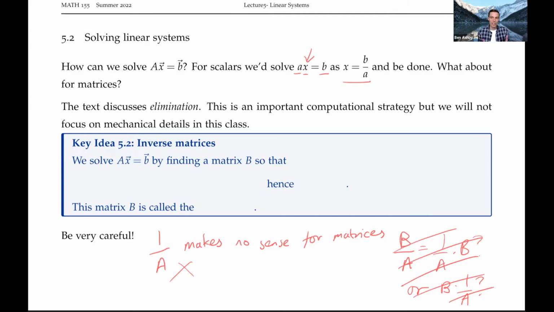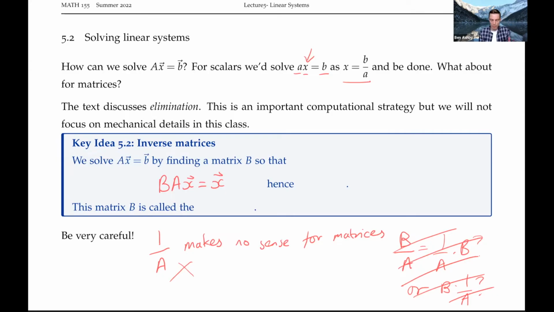Well, we use something called inverse matrices. So what we do is we solve our matrix equation Ax = b by finding a matrix capital B, so that we have B times A times x is just equal to x. So B is a special matrix in relation to A, and when we multiply the left-hand side, Ax, by B, we just get x on its own.